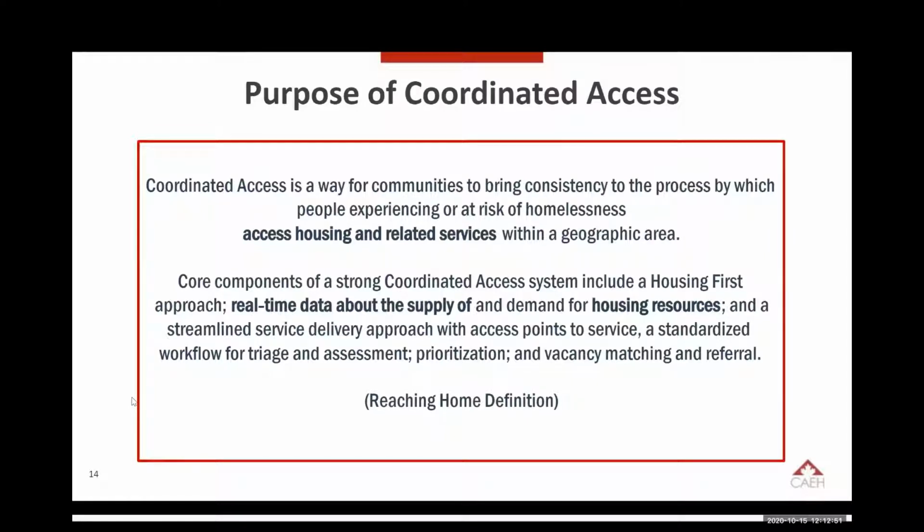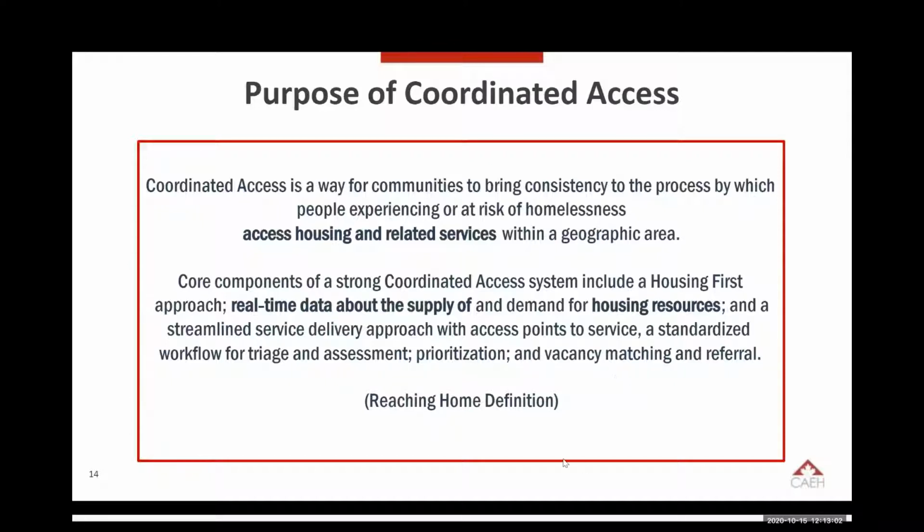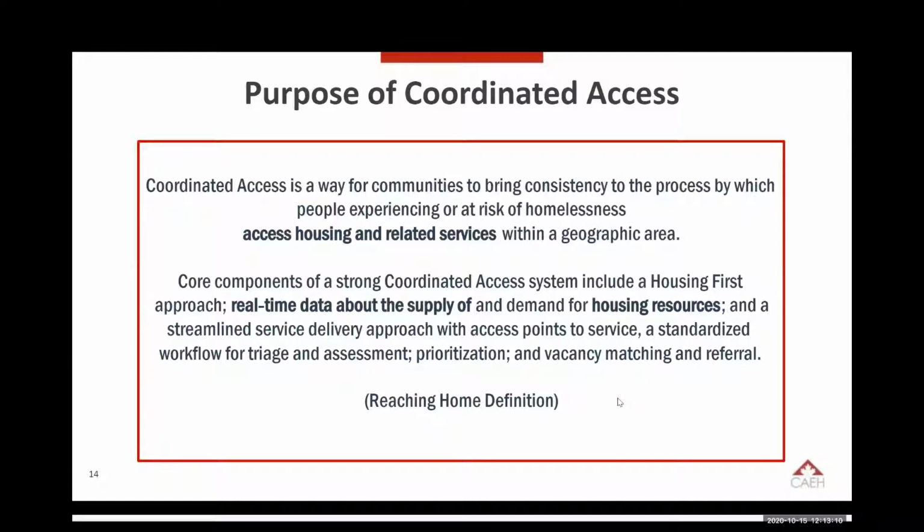So it's really about identifying people experiencing or at risk of homelessness and triaging and prioritizing a connection to housing resources to end their homelessness. And we're looking for that to be as efficiently, effectively, safely, and equitably as possible. And a core component is about having clarity and a real-time understanding of the supply of housing resources in your community. So that's really what we're going to be talking about today.